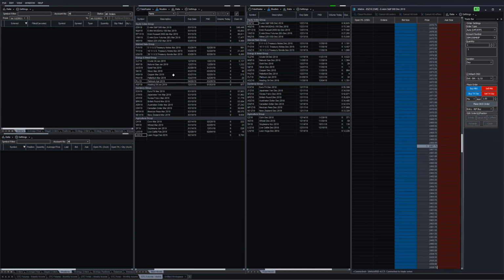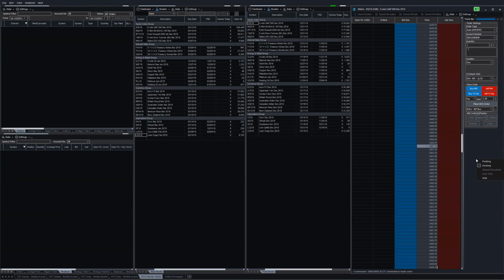This radar screen we're going to use for the front month, and this radar screen we're going to use for the back month. And here we have the matrix, and the matrix we're going to use to place orders. So this is one way to place orders.